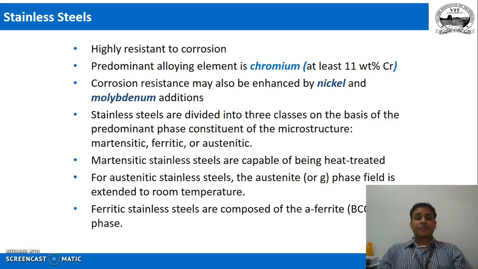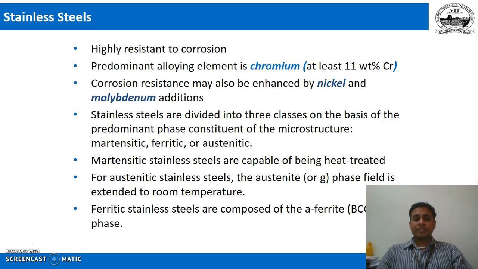That means you cannot heat treat it, right? You cannot get martensite. Why? Because if you want martensite, you need austenite, and to get austenite you normally have to go to high temperature. But in this particular case, since you don't have austenite, you have only ferrite, you will not be able to get martensite.